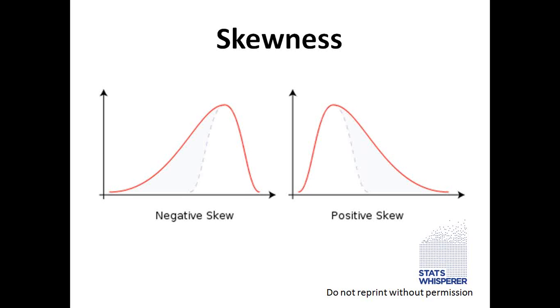So we could see the first distribution is negatively skewed, and the second distribution is a positive skew. But either way, it just means that the top is not in the center. It's favoring the right or the left. And that skewness is a threat to the normality of that curve.